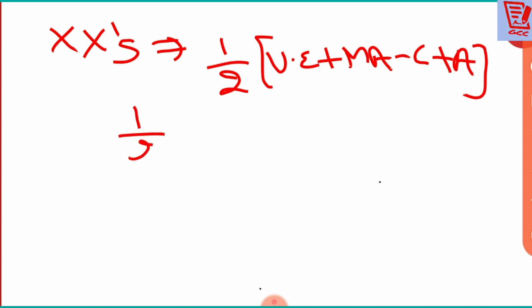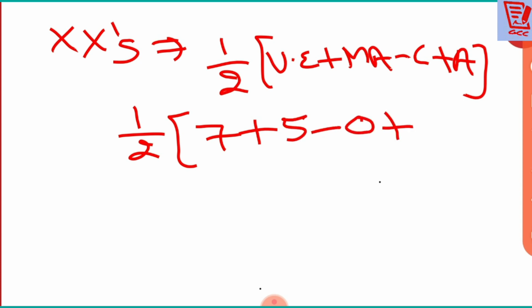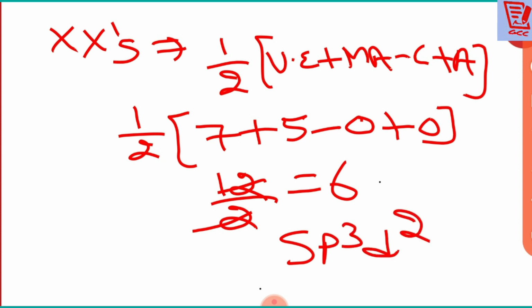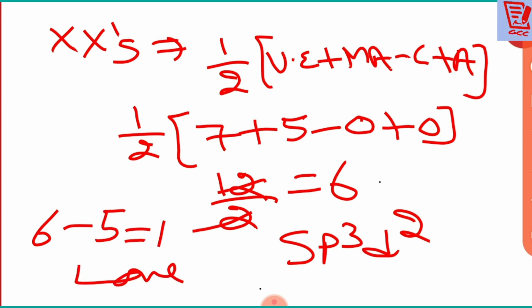Here the valence shell electron is 7, then 5, 0, plus 0, 12 by 2, so it becomes 6. Then hybridization will be sp3d2 and lone pair will be 6 minus 5 equal to 1. So in the structure there will be one lone pair. How many lone pairs will be there? One lone pair.